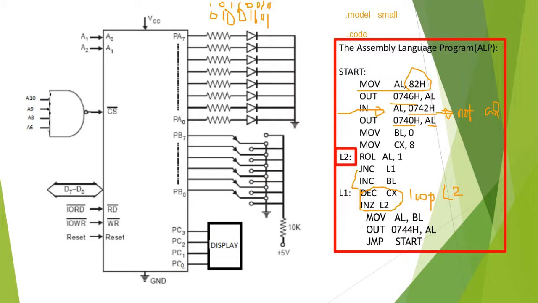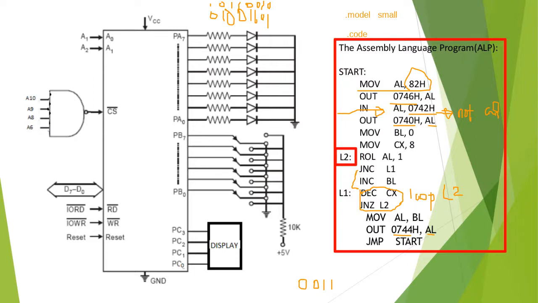Now send BL to AL. This number we send to AL before we send it to port C. So out port C address comma AL. So the binary number for 3, for example, if the number of 1s is 3, is 0011. If we send this 4-bit number 0011 to port C, then it will display the 3.